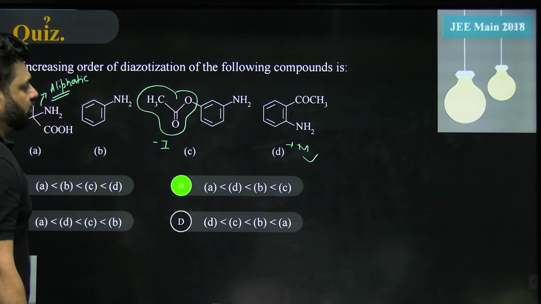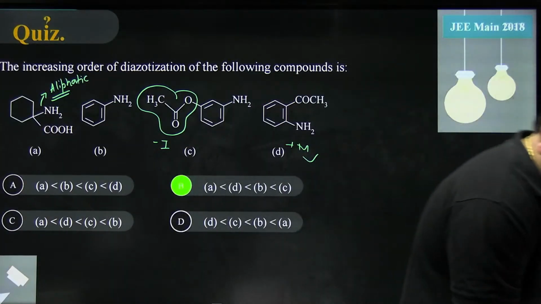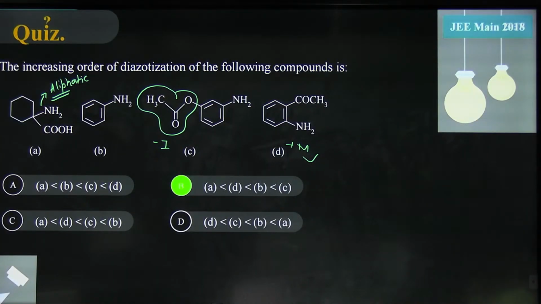So it's proportional to the negative I effect. Let me see, is electron withdrawing stabilizing this or what? So NO is being attacked by N.